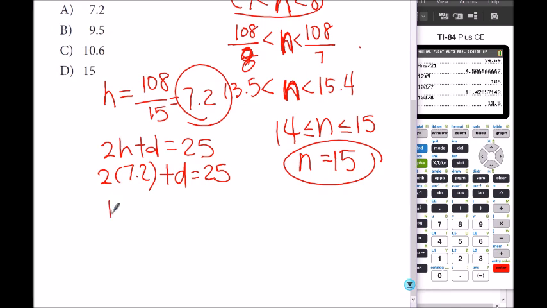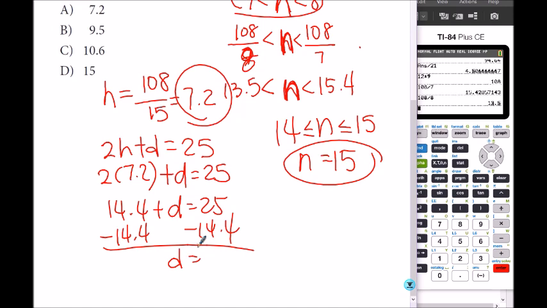So 14.4 plus D equals 25. So when you subtract 14.4, you get D equals 10.6, right? You can double check by plugging into the calculator. 25 minus 14.4 is 10.6.